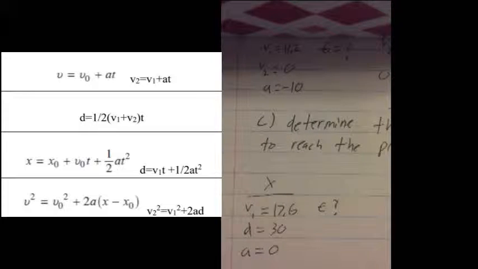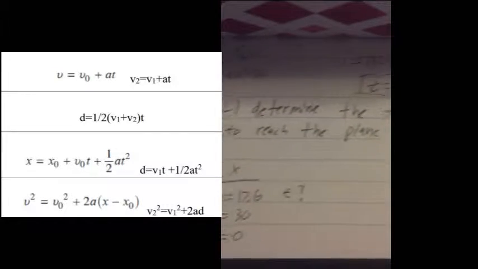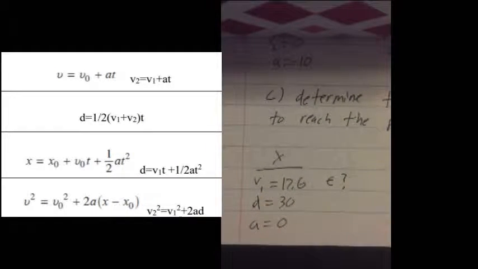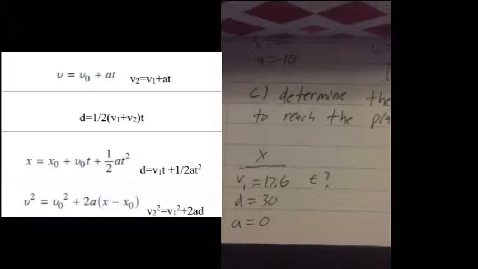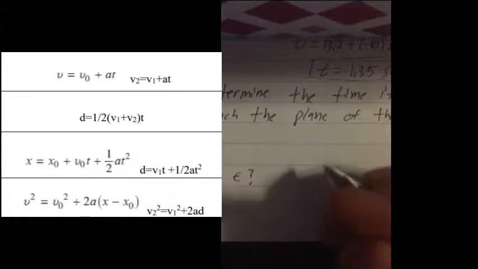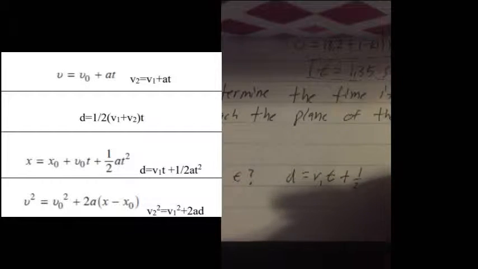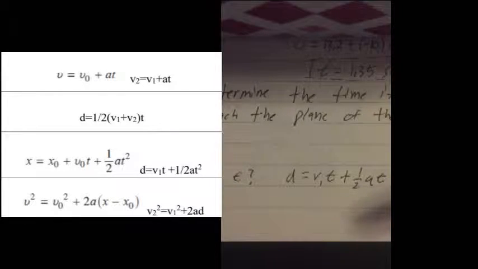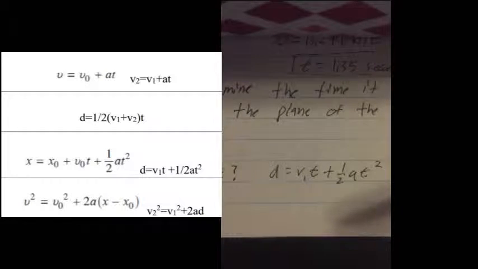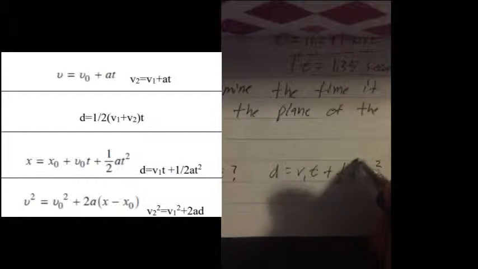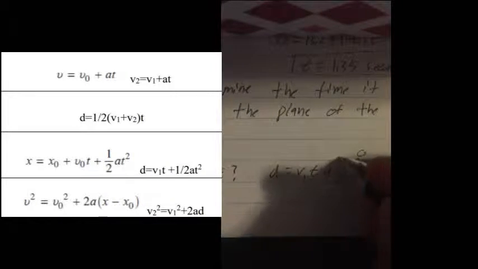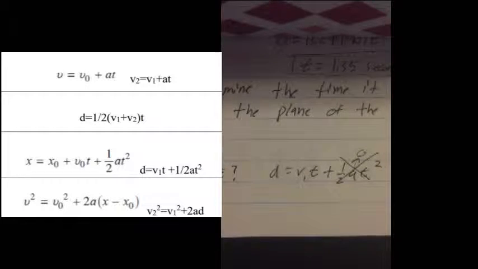So, what we're going to do is use a kinematic that has initial velocity, distance, acceleration, and time. And that kinematic is distance is equal to initial velocity times time plus 1/2 acceleration times time squared. Since acceleration is equal to 0, we can cross this out because 0 times anything is 0.